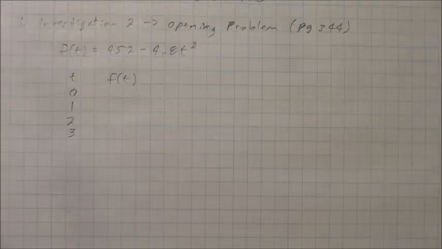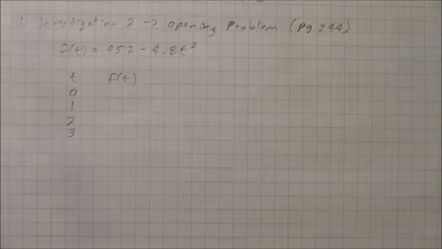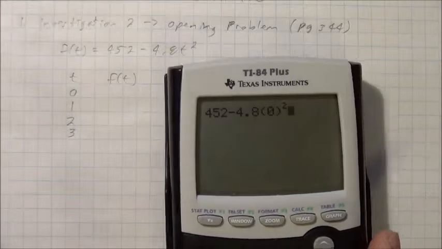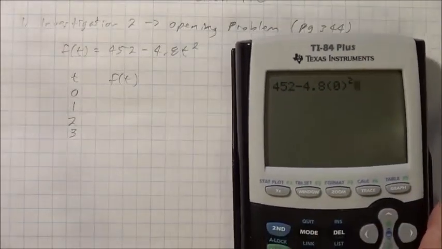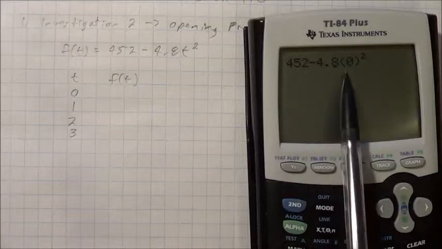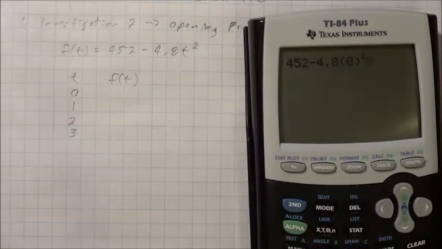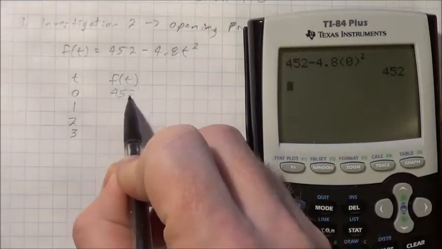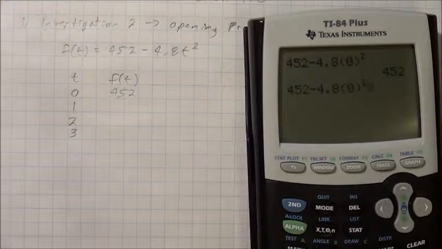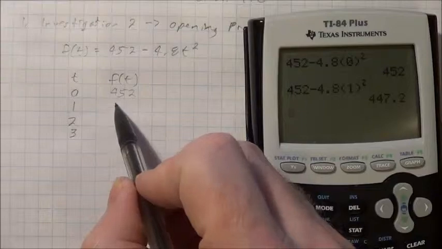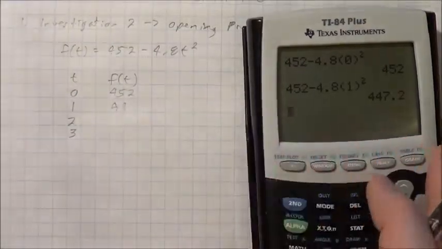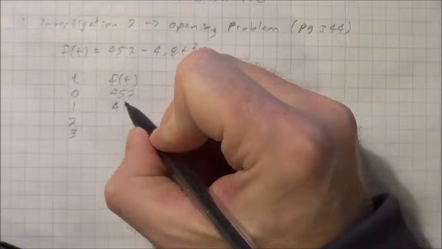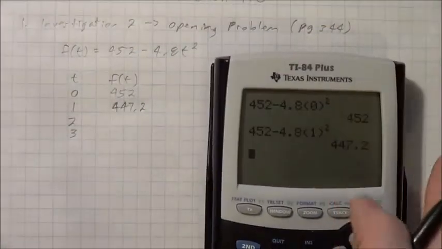So when I substitute in various values of t, I will get the height of the jumpers in meters above the ground. I've already put the function into this calculator. When t equals 0, obviously the height is 452 meters. Changing the time to 1 second, I get 447.2 meters.